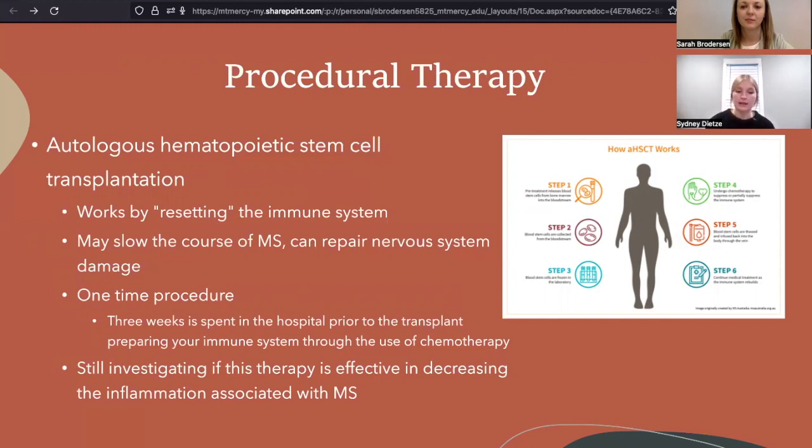It's actually a one-time procedure, so 3 weeks is spent in the hospital prior to the treatment or the transplant, preparing your immune system and using chemotherapy to do that. So after the chemotherapy, the stem cells are infused back into the body through a vein. And again, this therapy is still being researched to see if it's useful in decreasing the inflammation associated with MS.